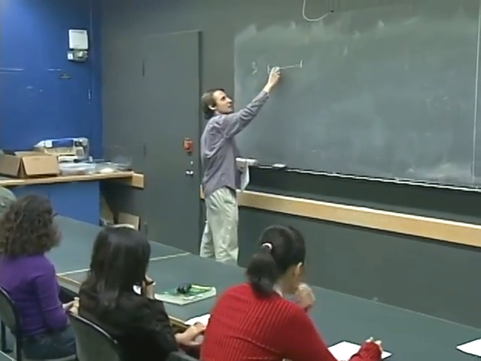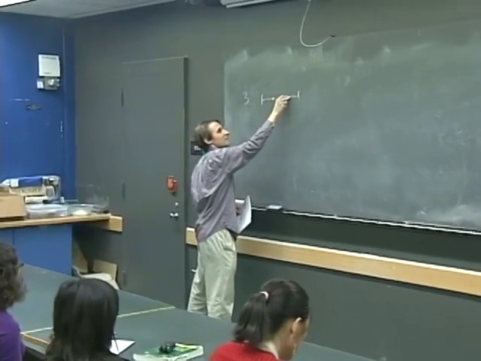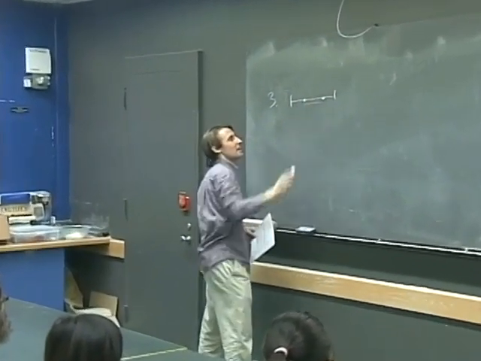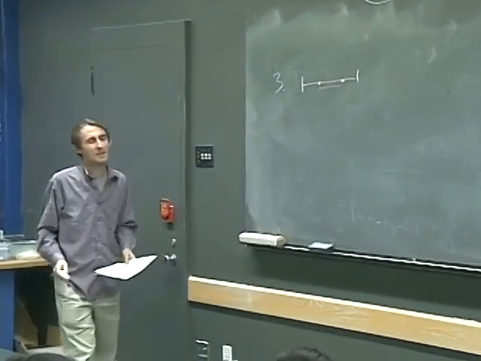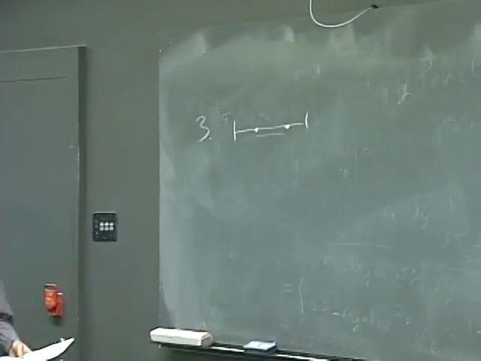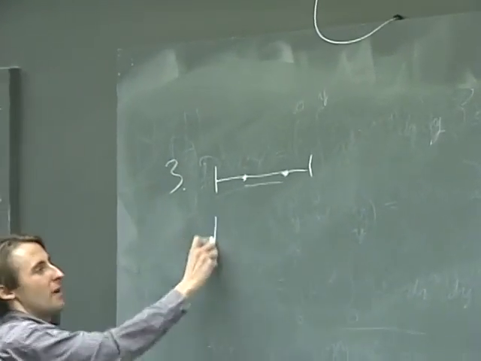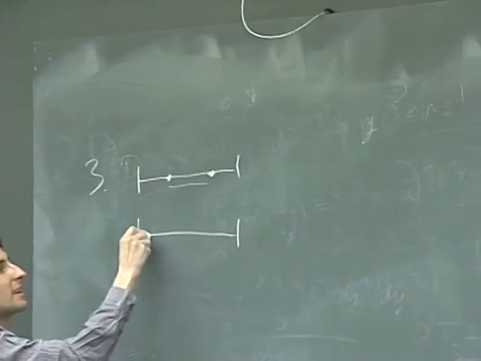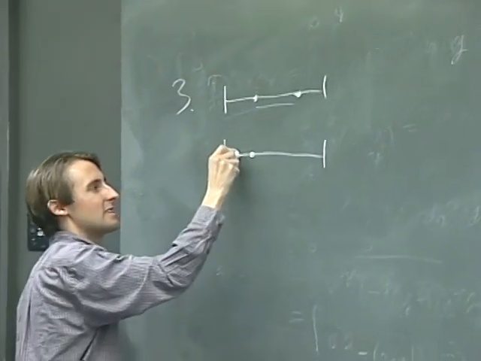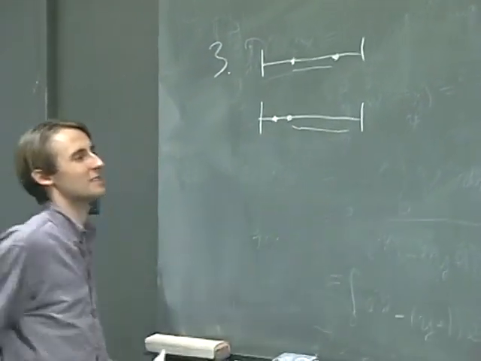You've got a stick, and it could break in 2 places. And then in this case, the longest piece would be that one, and it's less than a half. Another possible breaking would be this, in which case the longest piece is that. In that case, it is larger than a half. Any questions on the setup? Okay. So now it's about the same as before.